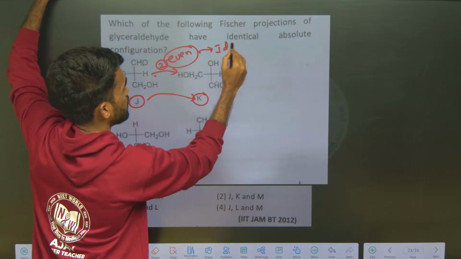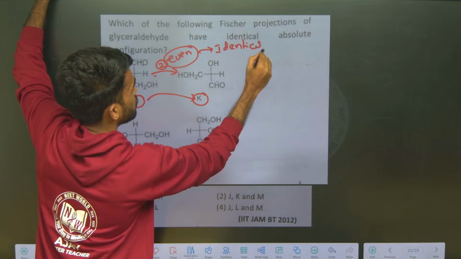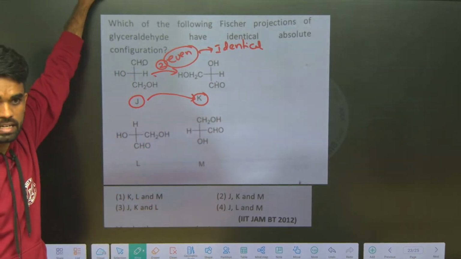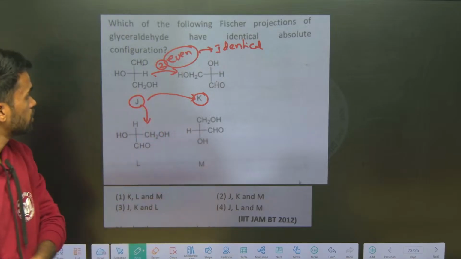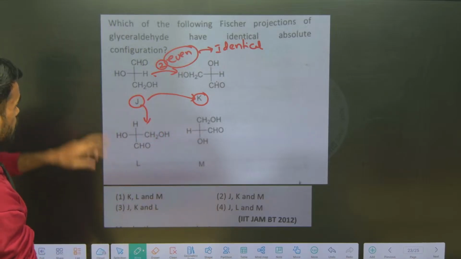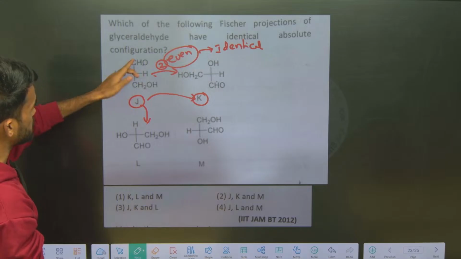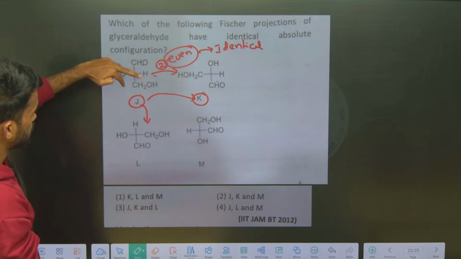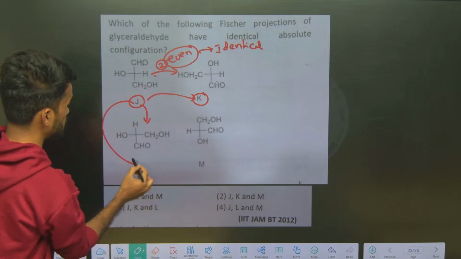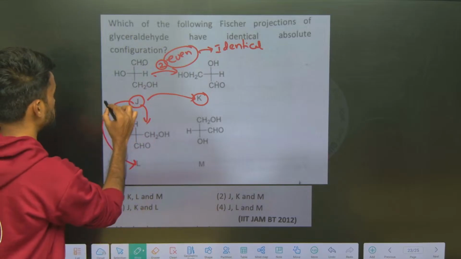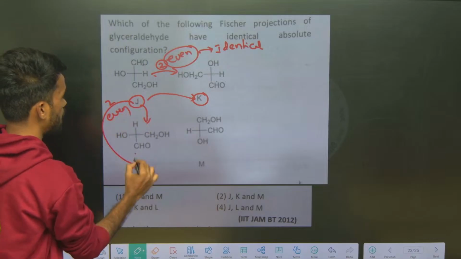Identical, with one chiral center. So from J to L you go. OH is fixed, sir. See, 1 exchange, 2 exchange. How many exchanges for J to L? 2 exchanges. So this is also even, meaning identical.